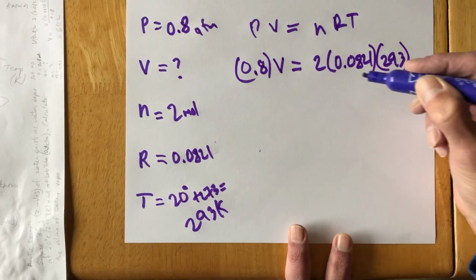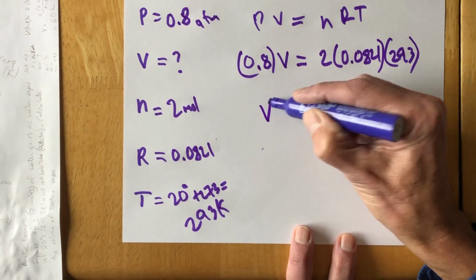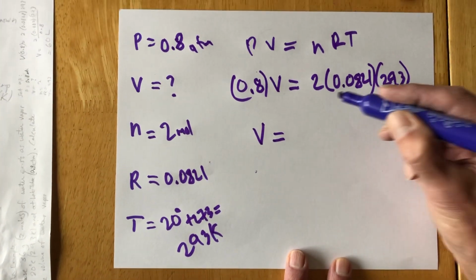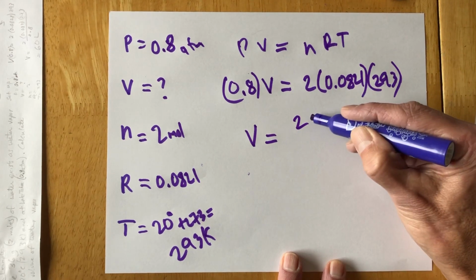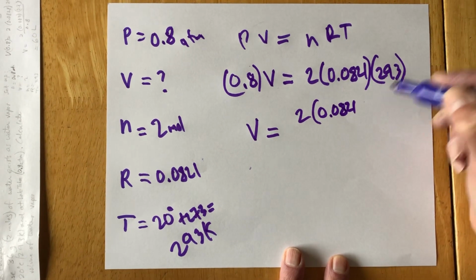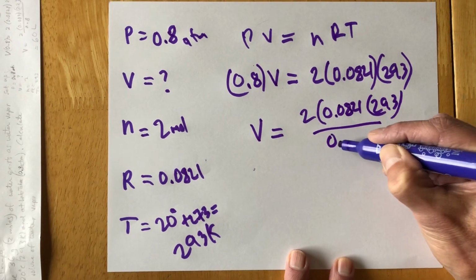Now we just need to isolate V. So V equals, and we divide both sides by 0.8 to get rid of the 0.8. We're going to have 2 times 0.0821 times 293, over 0.8.